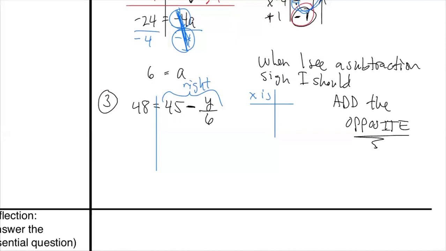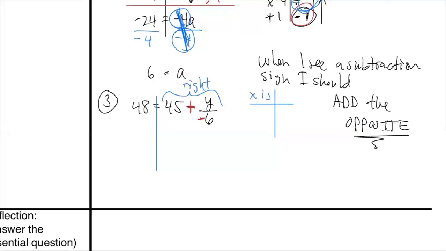I should add the opposite. So let me do that. I'm going to change it to adding the opposite. Now I need to add a negative sign. I could add it to the y or the 6, but what's easier is to always add it to the number, not the variable. Add it to the number. So I'm adding the opposite. That 6 becomes a -6.